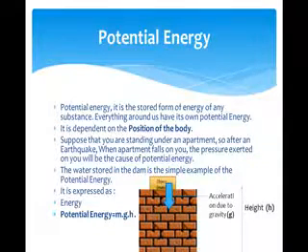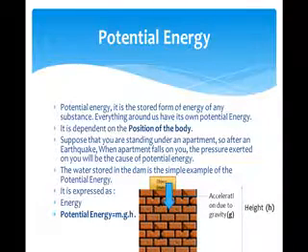Potential energy. Potential energy is the stored form of energy of any substance. Everything around us has its own potential energy, even we do. It is dependent on the position of the body. Suppose if you want to experience it, then stand under an apartment.